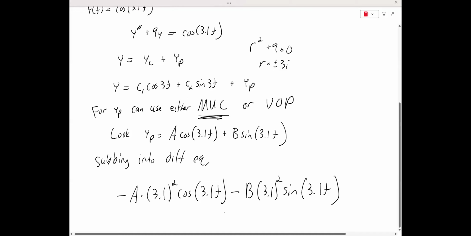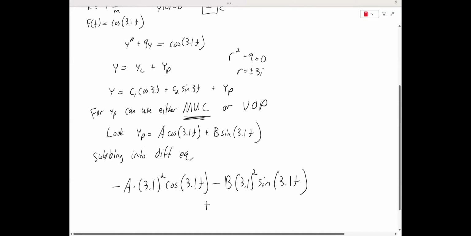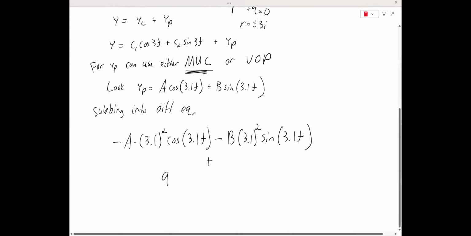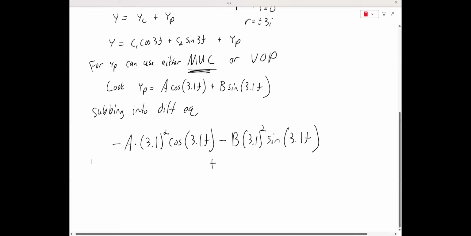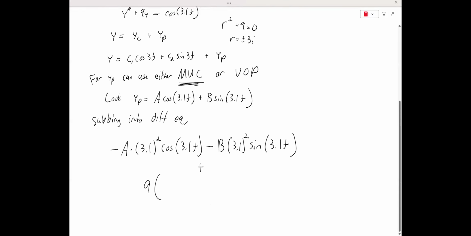Okay, and then plus, so that's this part right here I plugged in. Now it'd be 9 times this right here, a cosine 3.1t plus b sine 3.1t.